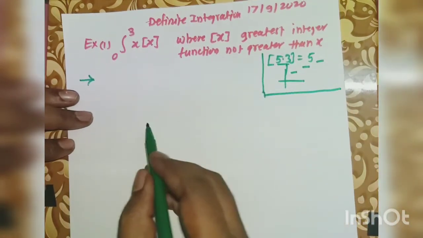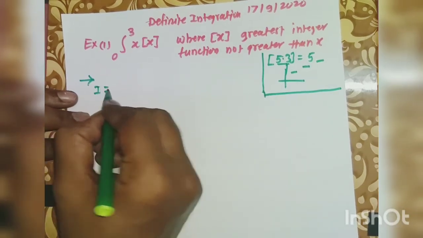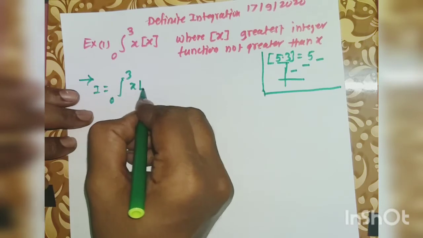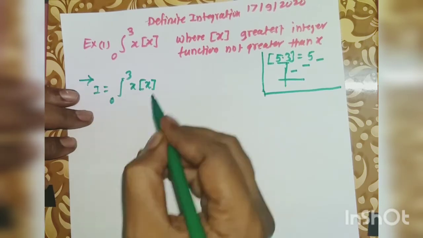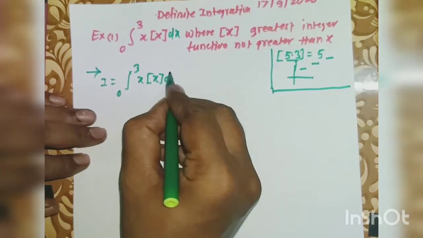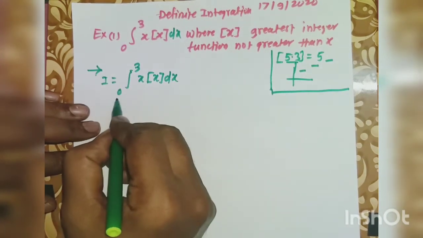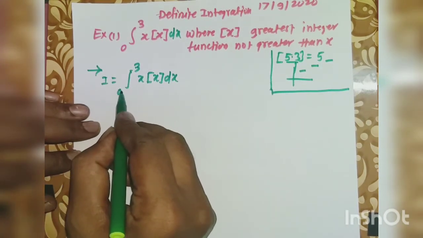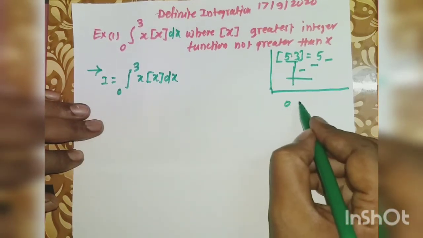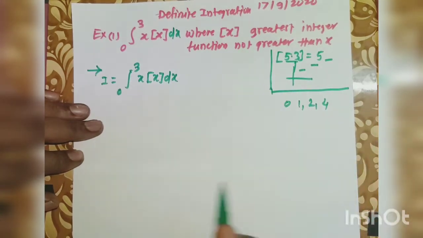technique, we first split this integral. I is equal to the integral from 0 to 3 of x times the greatest integer function [x] dx. Now from 0 to 3 there are the integers 0, 1, 2, 3.